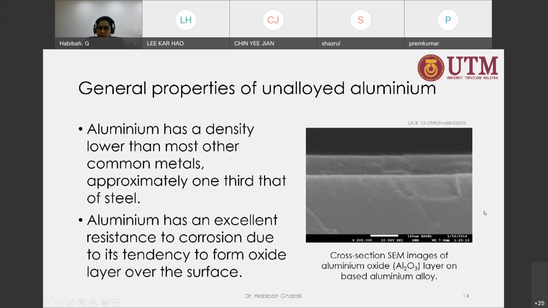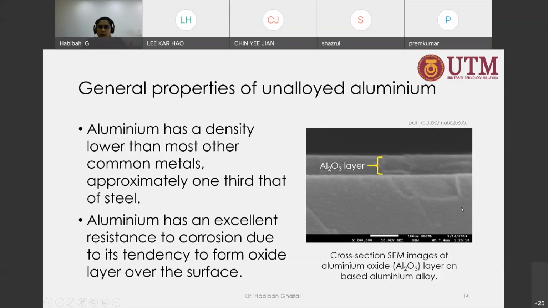And what happens is that when it's exposed to oxygen, to the environment, these aluminum atoms can combine with the oxygen to form an oxide layer on the surface. So that is why it has a very good corrosion resistance. This oxide layer will protect the underlying material, the base aluminum alloy.